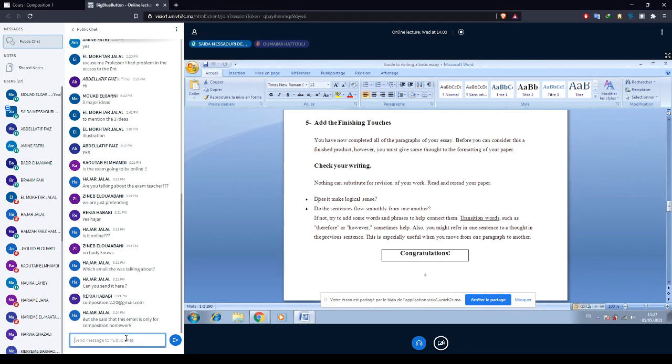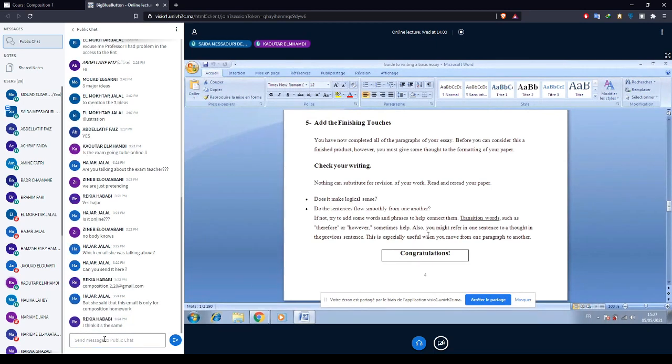Okay, so check your writing. Nothing can substitute for revision, but be careful with time. When you're working, use the Pomodoro. Do you know the Pomodoro? An alarm clock. If you have to finish at 10:30, then put it on 10:15, for example, so you can send your work and be finishing your work.